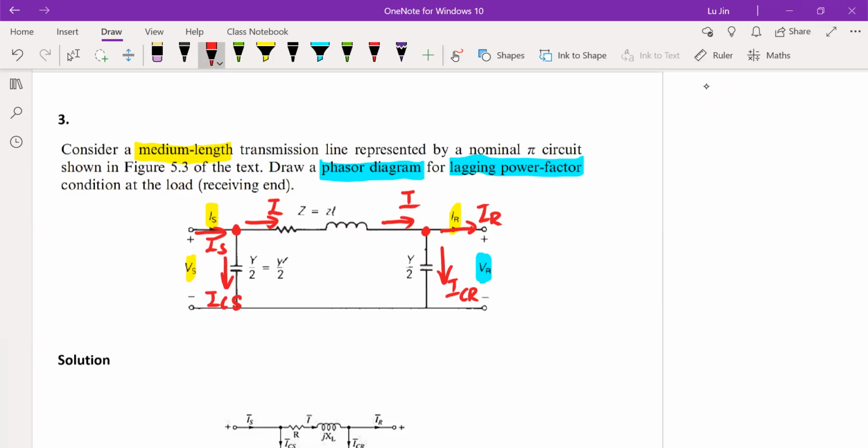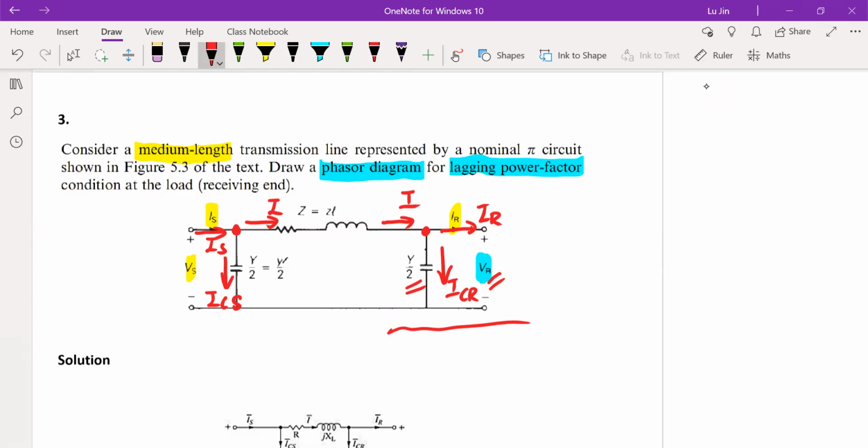But if you have a close look at the receiver side, you may find VR, this voltage, in other words, the voltage across the two open terminals, should be the same as the voltage across this capacitor.